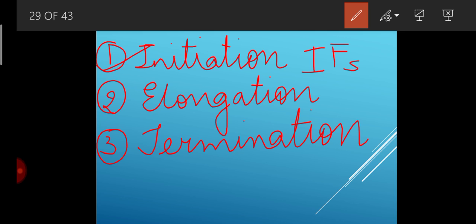The fourth step is now the binding of large subunit of ribosome with its small subunit completes the translation initiation complex. The fifth step, at this stage, the initiator tRNA lies at the P site, aminoacyl tRNA site of the ribosome, and the A site, peptidyl tRNA site, is vacant to let another charged tRNA to enter.